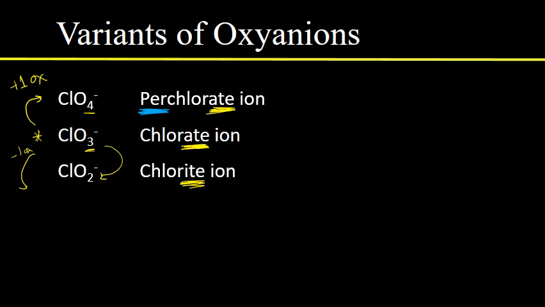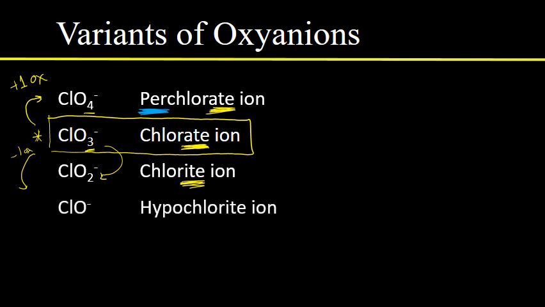So when you go from this ion here, remove 1 oxygen, the name changes from -ate to -ite. And you can also remove a second oxygen to get ClO-, minus 1 oxygen. I'm writing minus 1 oxygen. That's what I was supposed to write there. It's kind of scribbly.